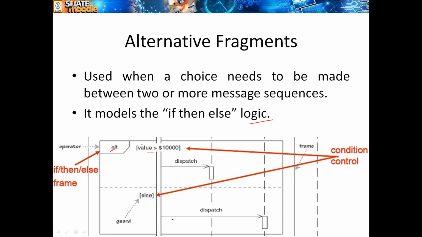If false, the message goes to that object. We mention what this object is. This is the conditional control, and after it the else part is represented by these arrows and lines. I will show it. This is a frame for the if condition.